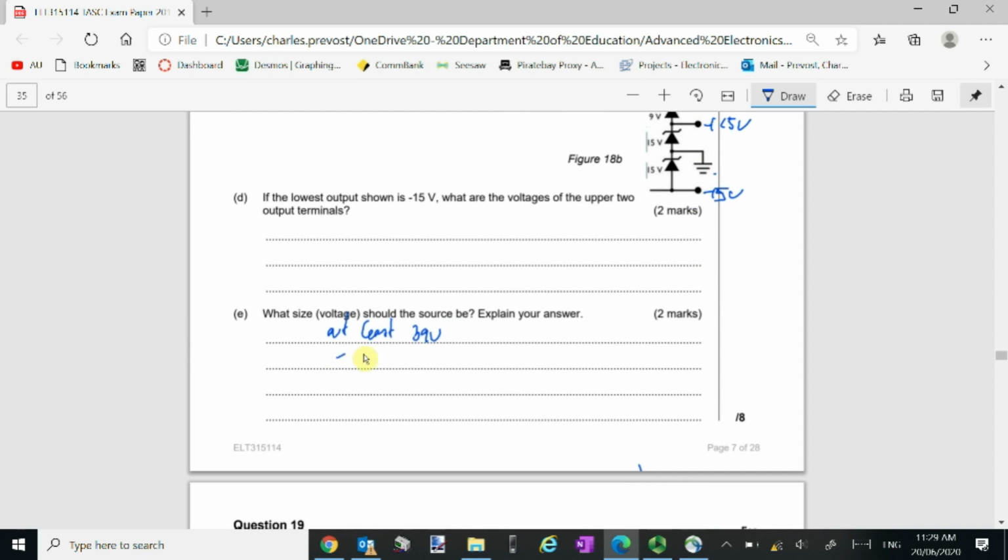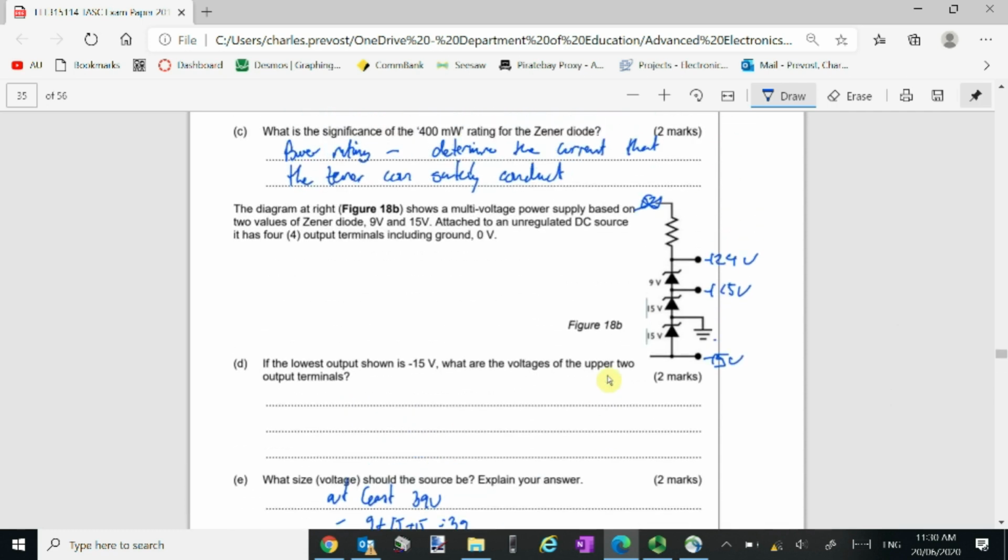So 9 plus 15 plus 15 equals 39. So that's going to be the voltage across all the Zeners. We need some voltage across the resistor as well in order to make it work.